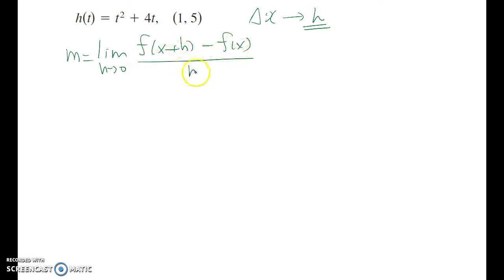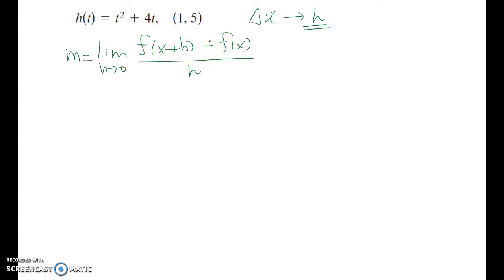So for this question also, we just use the definition. This time, for our convenience, I'm going to notate delta x as h because h looks less confusing compared to delta x. So I will utilize h instead of delta x. Okay. So the tangent line slope m equal to the limit as h moves to 0 of f(x plus h) minus f(x) over h.